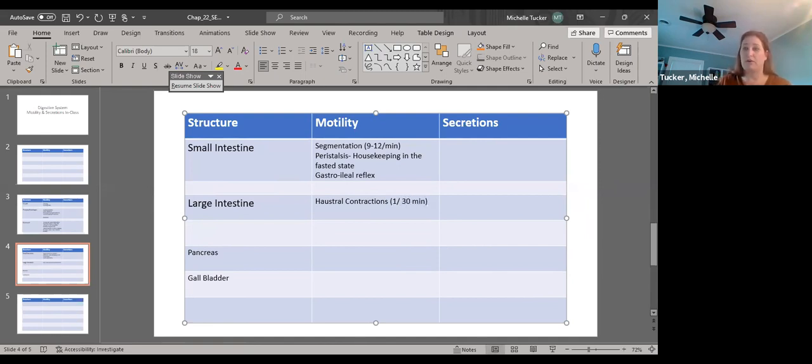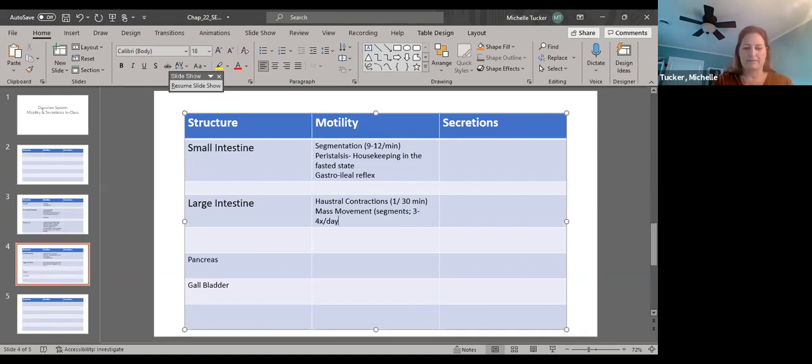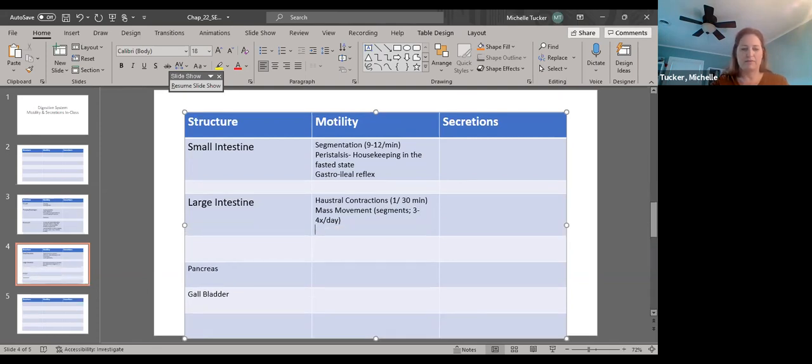So slow, to help with that reabsorption. Then we have mass movement, and these are of entire segments. So these are large, that's why it's called a mass movement. And then these are going to be three to four times per day. And then this is going to involve something called the gastrocolic reflex.